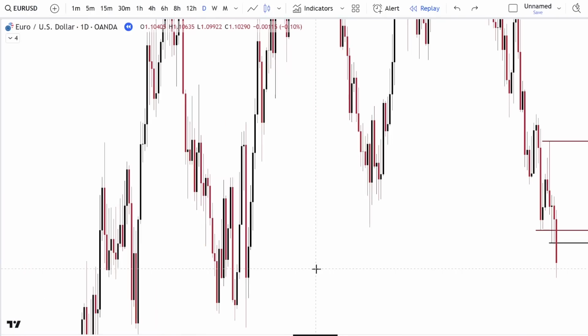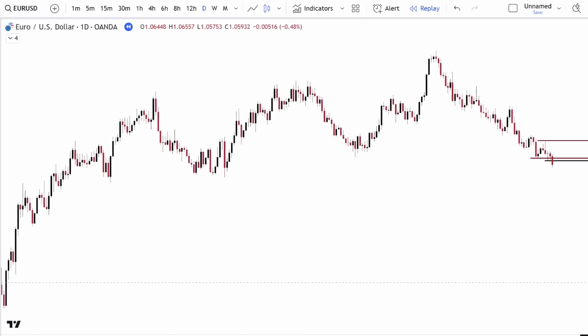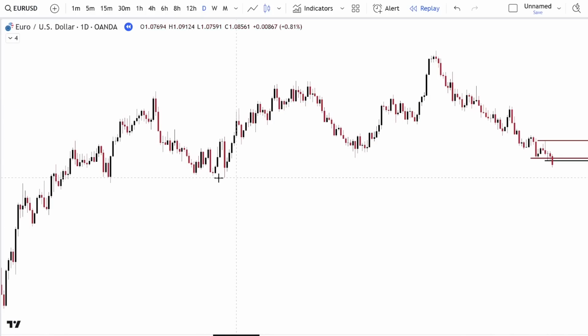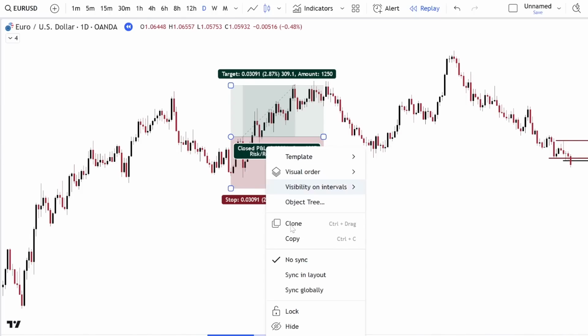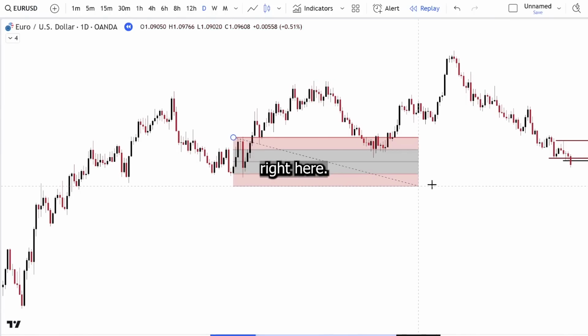So now look to the left. What is a level of resistance? Let's look at a previous range. You had a swing low and swing high right here. We had a swing high and swing low right here.